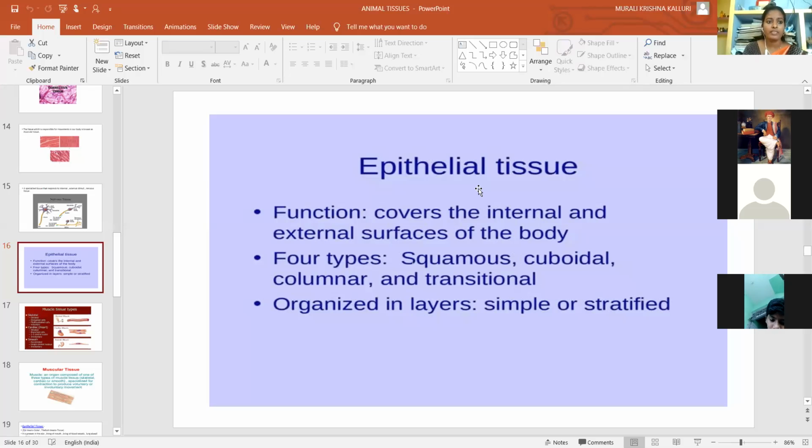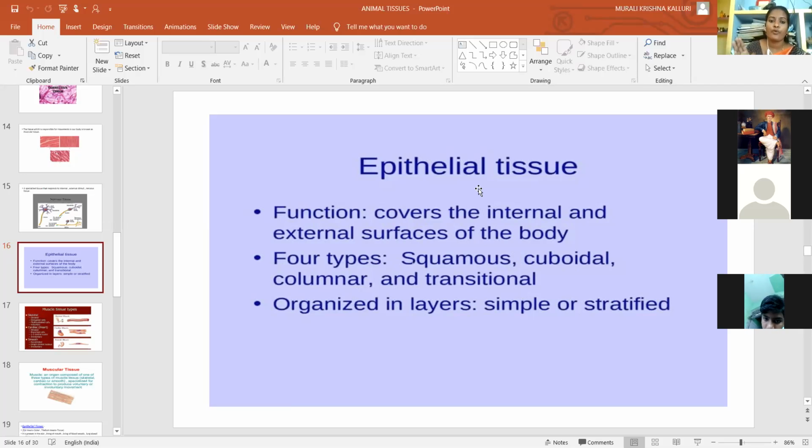Next, there are 4 types of epithelial tissue. That is the squamous epithelial tissue, cuboidal epithelial tissue, columnar epithelial tissue, and last one is transitional epithelial tissue.